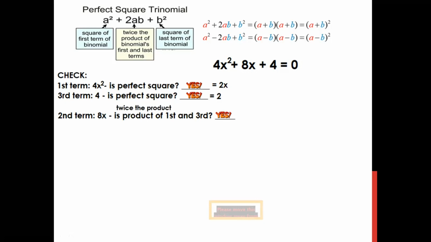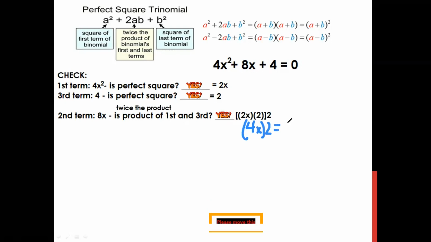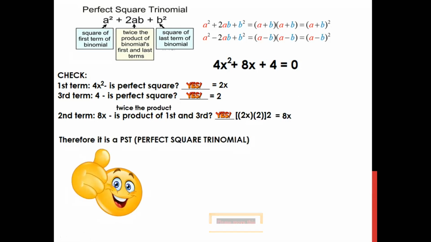Let's take the product: 2x times 2 gives 4x, then multiply by 2 gives 8x. So yes. Therefore, we can conclude that this equation is a perfect square trinomial.